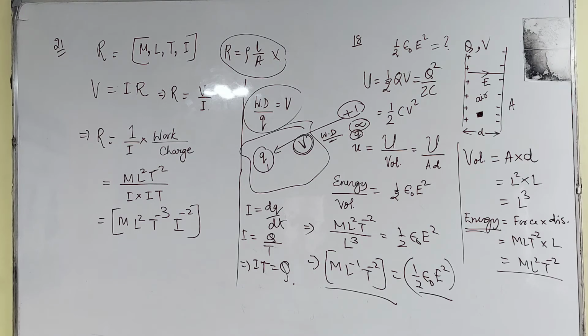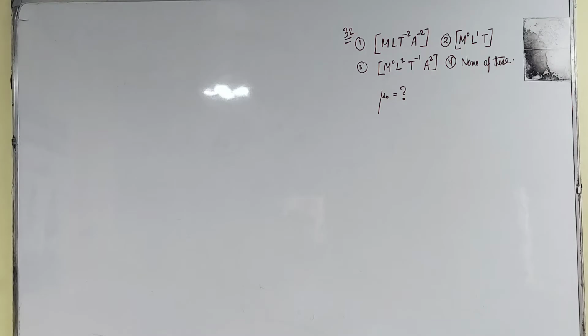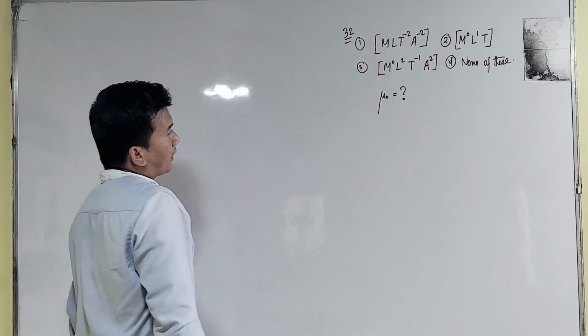Epsilon naught is related to charges and mu naught is related to magnets. In question number 32 we have to find out the dimension formula for absolute permeability.